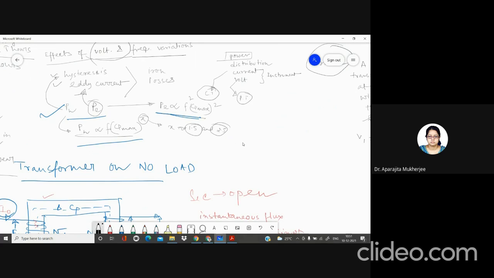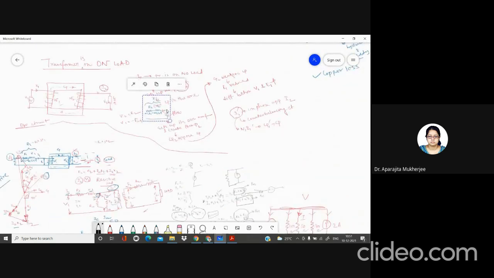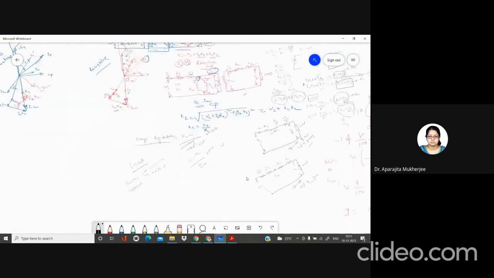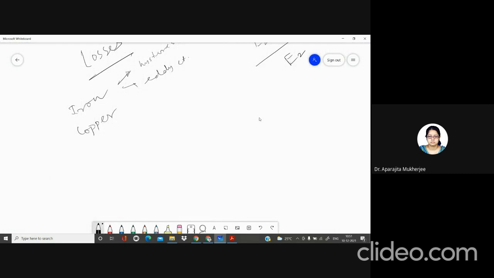Further, to elaborate, we can write that the hysteresis loss Ph equals eta max B max to the power x f v, in joules per second or watt. What is f? f is the supply frequency. What is v? v is the volume of the core in cubic meter.